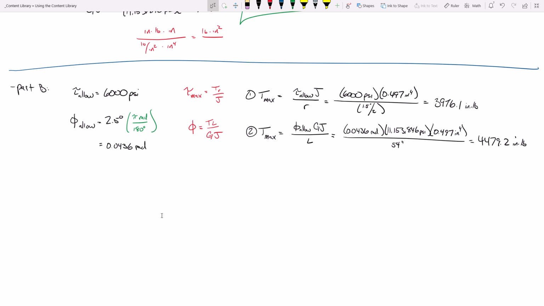More than 6,000 psi, right? This value ensures that I maintain both limits. But if I pick the other one, I'm going to violate the stress limit. So it's the minimum. In engineering land, we say that this governs.